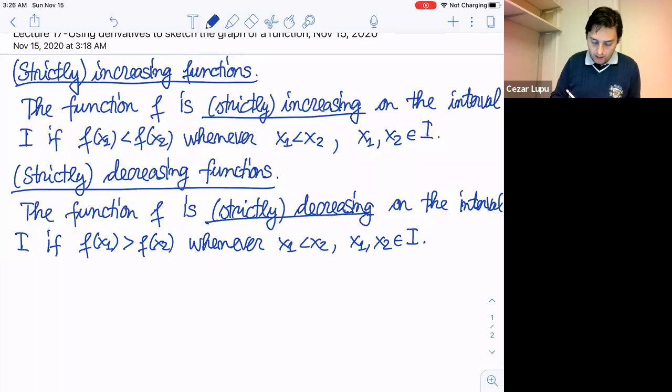And now we would like to say something about monotone functions.